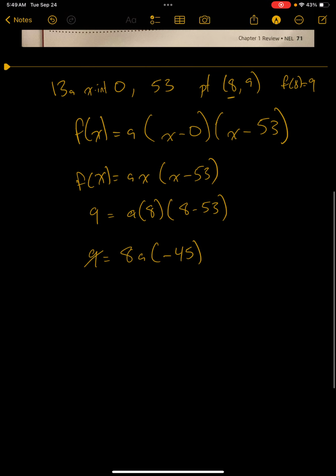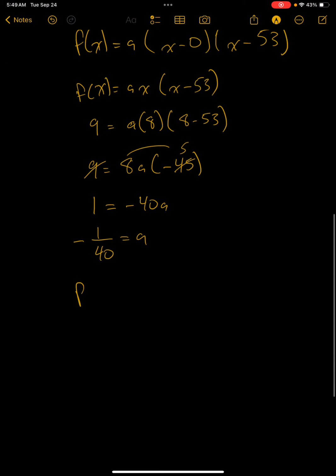So 8 times minus 45 is minus 360, so 9 equals minus 360a, and we get a equals minus 1 over 40. Divide both sides by 360.